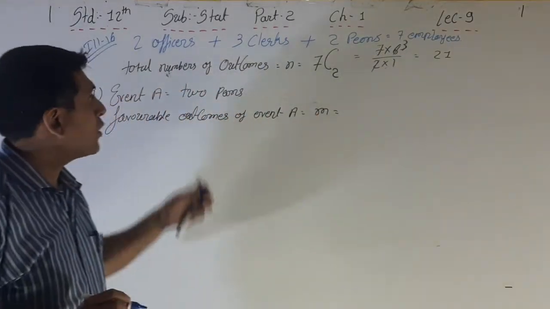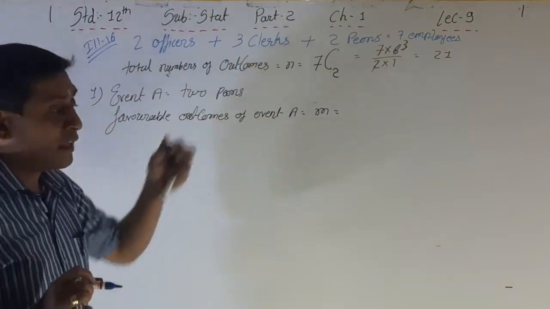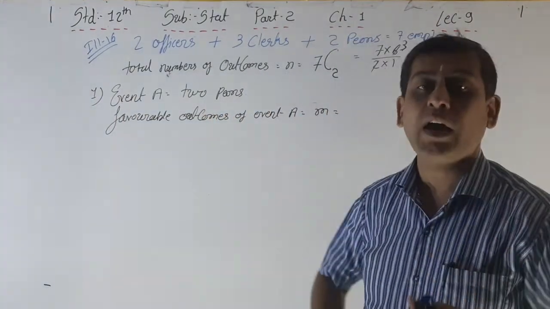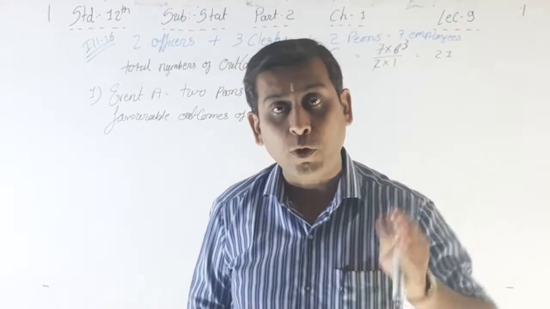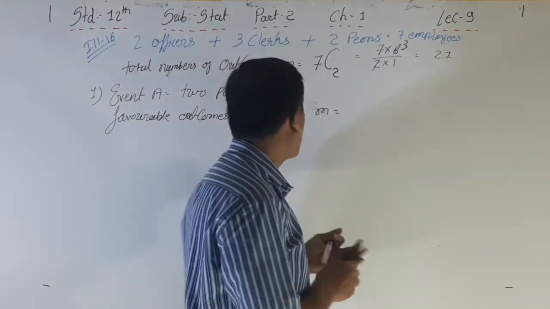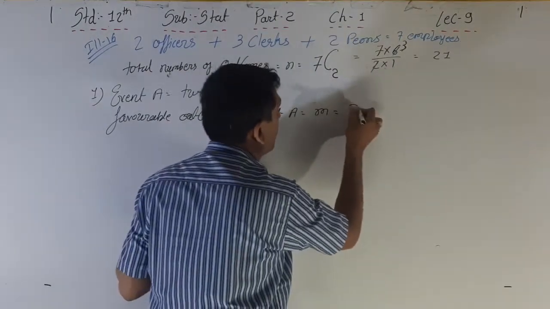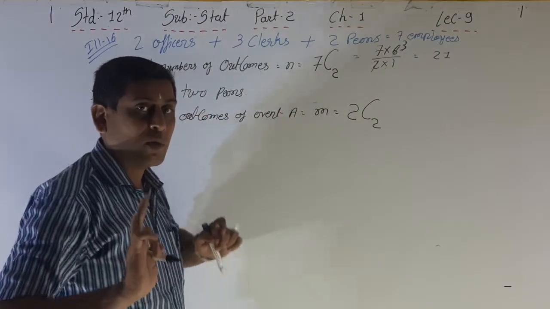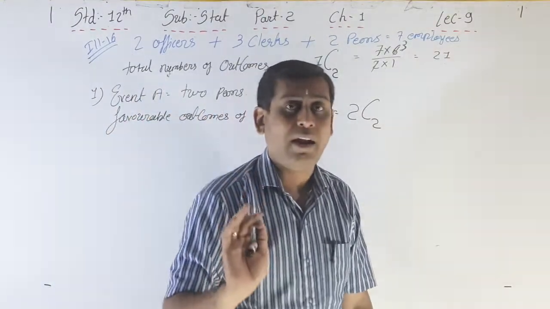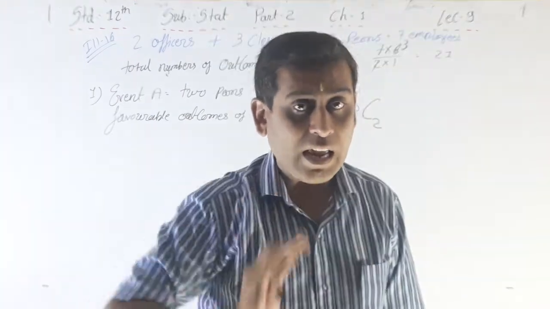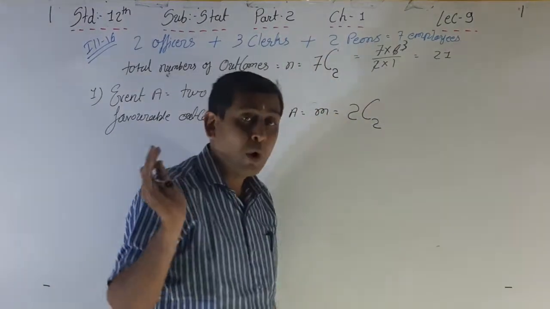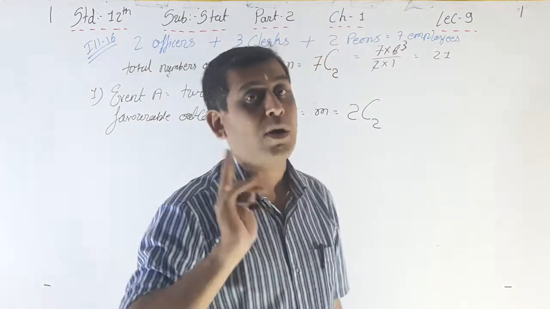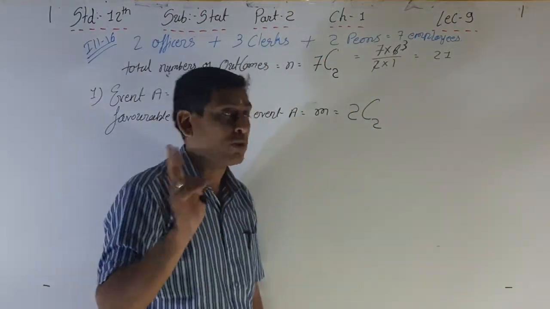Right? So here how many peons are there? There are 2 peons, and from those 2 peons we have to select both, compulsorily. So here the selection is from 2 peons, we have to select 2 peons. 2 persons we have to select randomly, and for event A both selected persons are peons, and here we have only 2 peons, that's why 2C2.